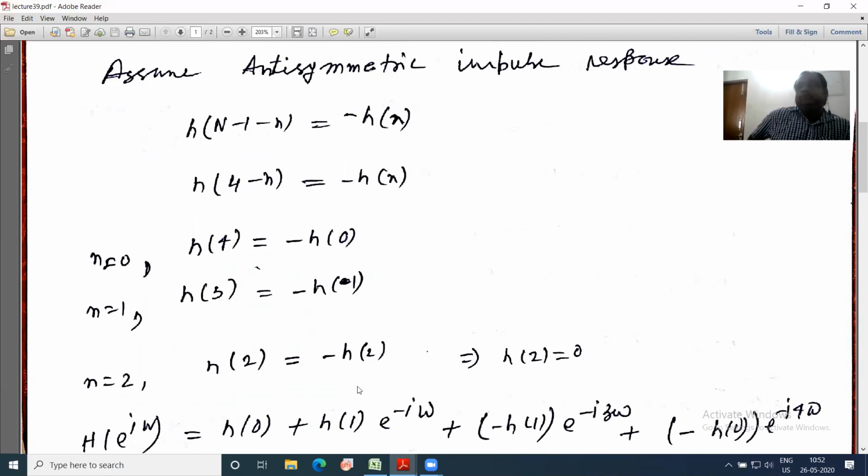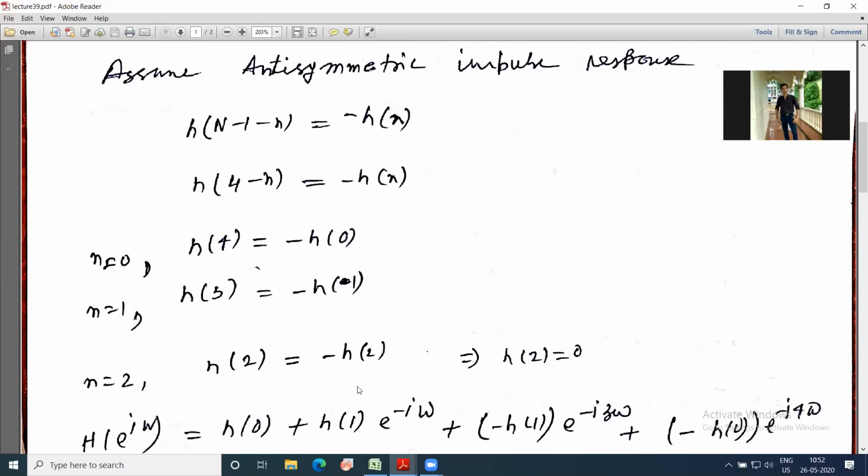What does it mean? Suppose h2 is not equal to 0, any non-zero quantity, whether integer, real or complex. It is not possible that positive and negative are the same thing. Therefore, it has to be 0. For the antisymmetric impulse response, h2 has to be 0.